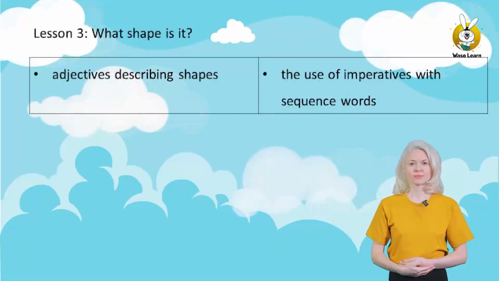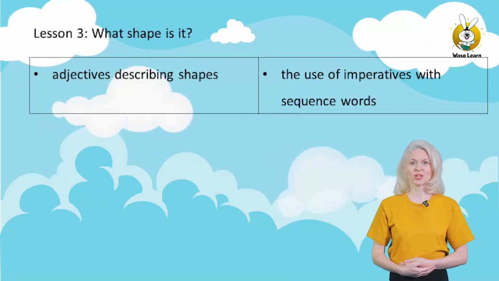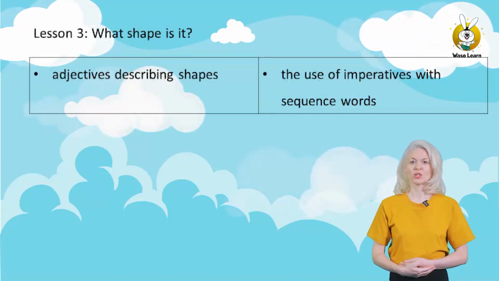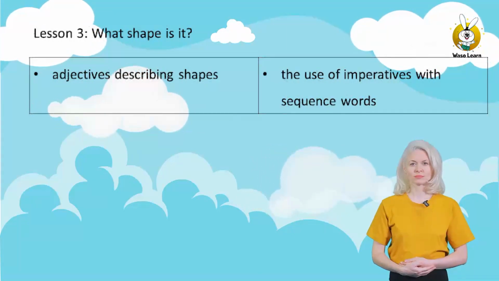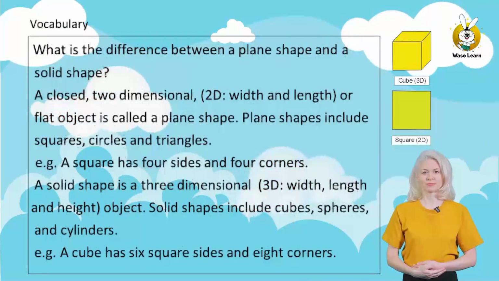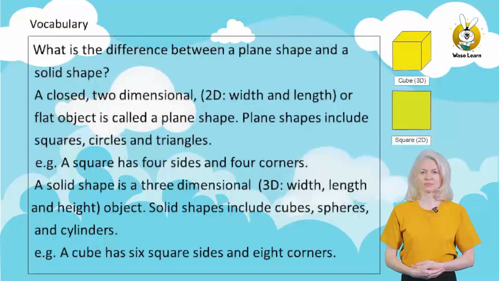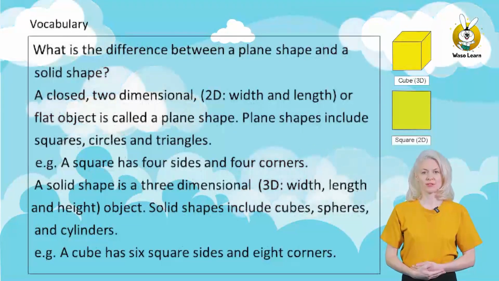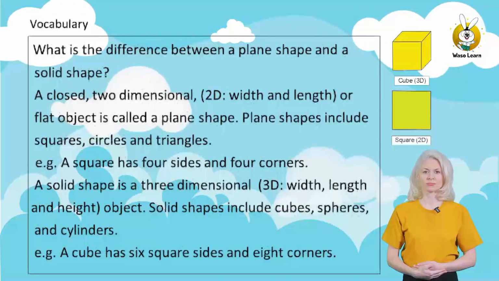Lesson 3. What shape is it? Adjectives describing shapes. The use of imperatives with sequence words. Vocabulary. Square, 2D, cube, 3D. What is the difference between a plane shape and a solid shape?